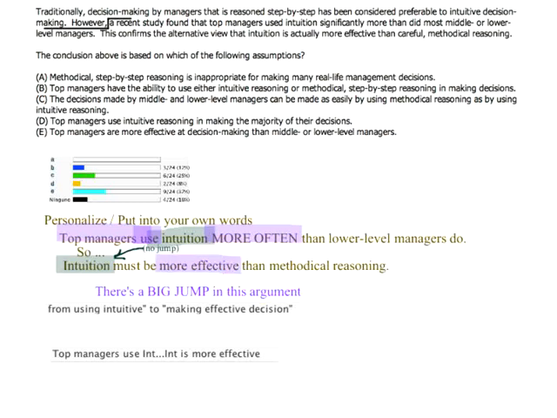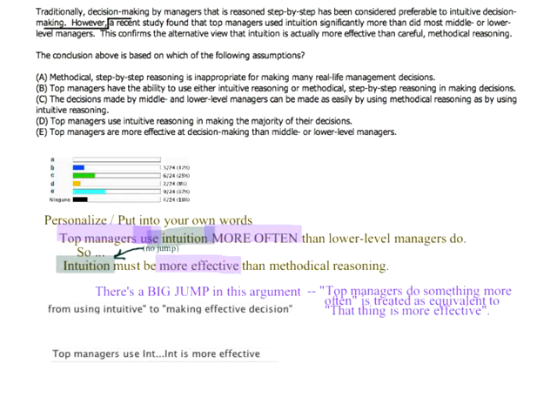There's my weirdly big jump in this argument, which is that top managers do something more often is treated as though it were equivalent to it's more effective. And they basically just made that up out of nowhere, right?